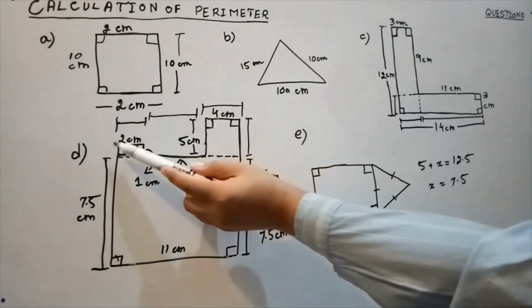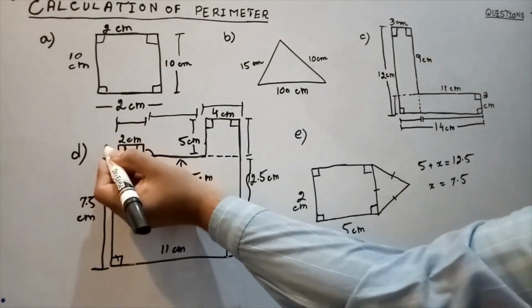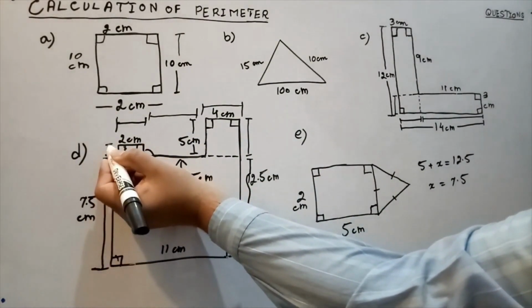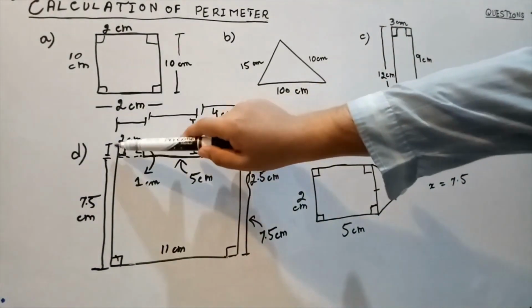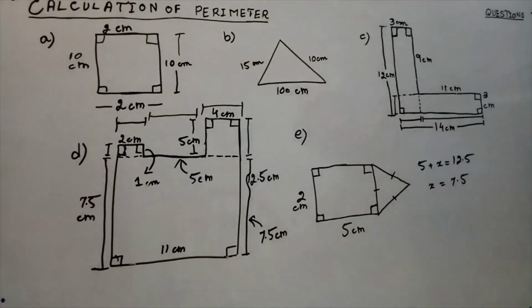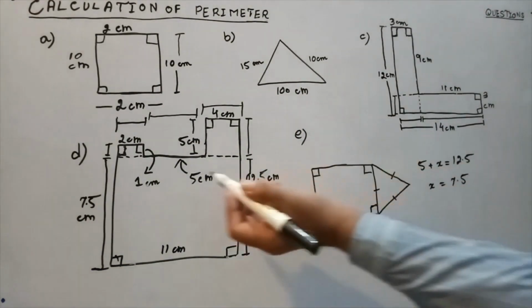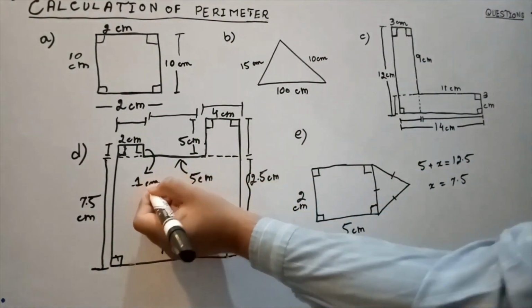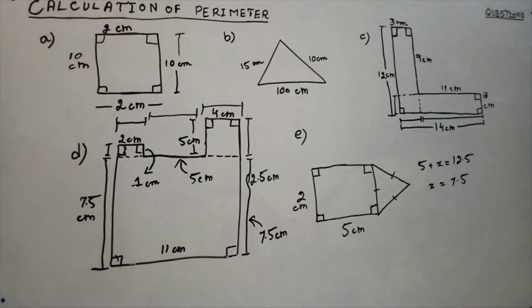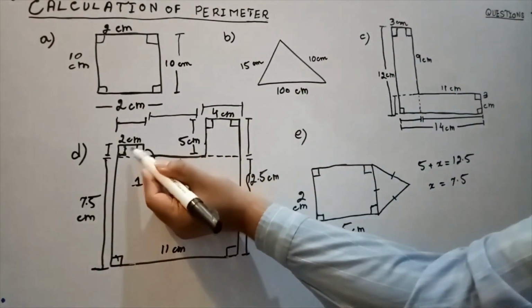Now what about this upper length? This one is given to us. How? Because this one is 1 centimeter, and you can see this is a small rectangle.